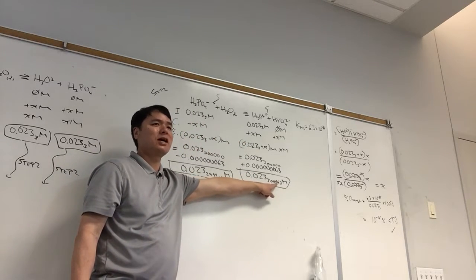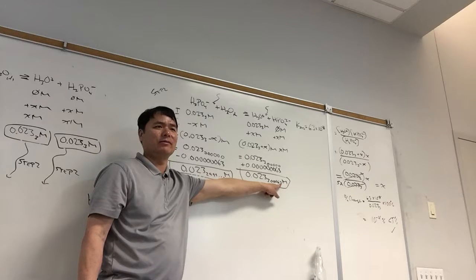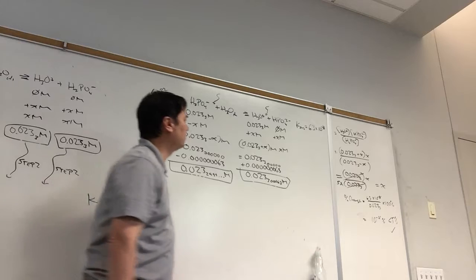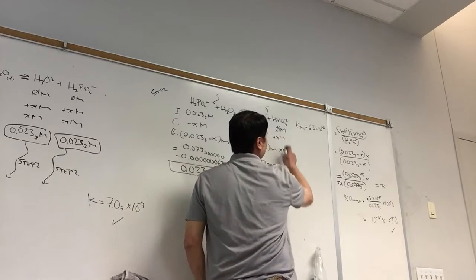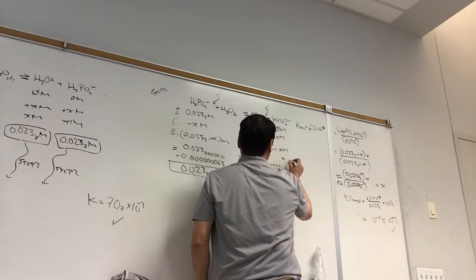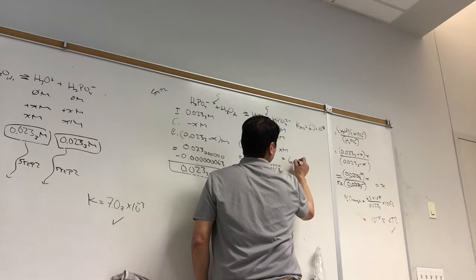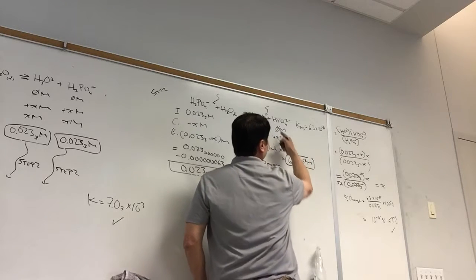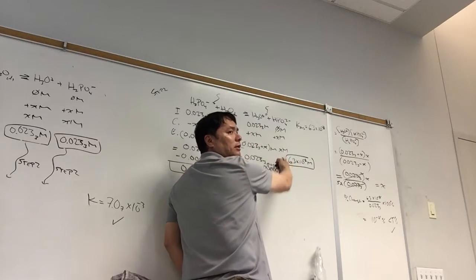We added this tiny bit, the 63 way out here. No, again, negligible change. And then, what about this? Is this a negligible change here? No, this is a significant change. This is going to equal 6.3 times 10 to the minus 8 molar. And compared to 0, that's significant.